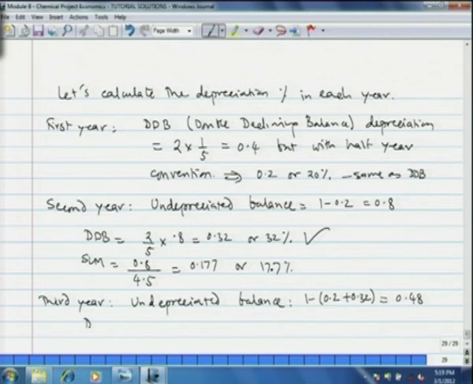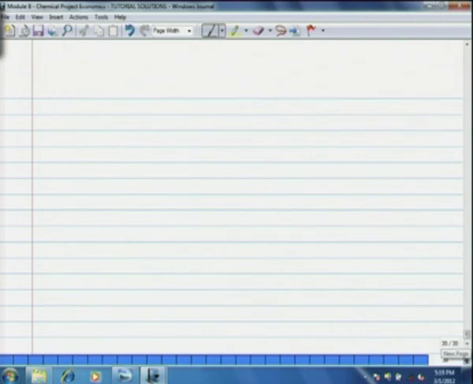Now, double declining balance gives 2 into 0.48 by 5 as the recovery, that is 0.192 or 19.2%, while the straight line method gives a recovery of 0.48 divided by 3.5 remaining, so 0.137 or 13.7%.